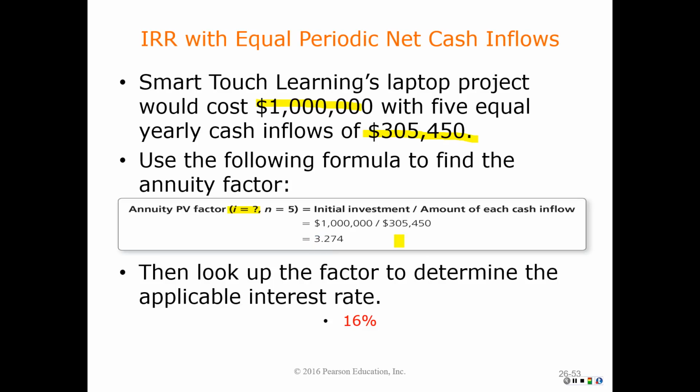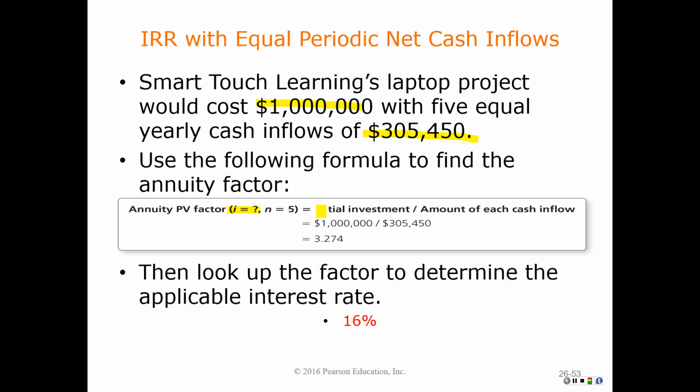If you remember what happened before, I have a $305,000 annuity and I'm trying to bring it to its present value over 5 years with a particular rate. Instead of multiplying the 305,000 times a factor to come up with our initial investment, now we are trying to solve for that rate.